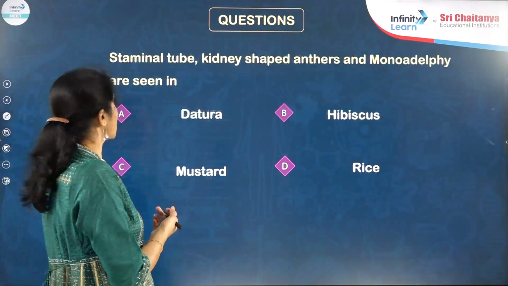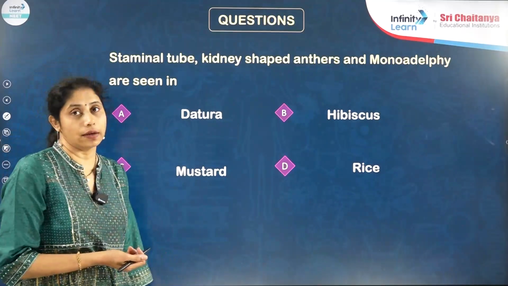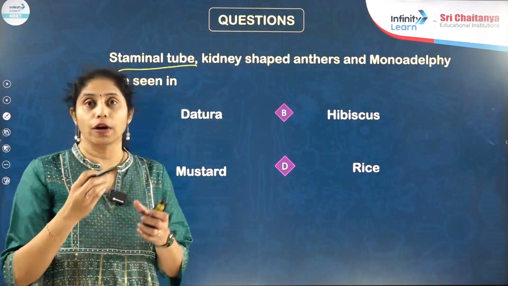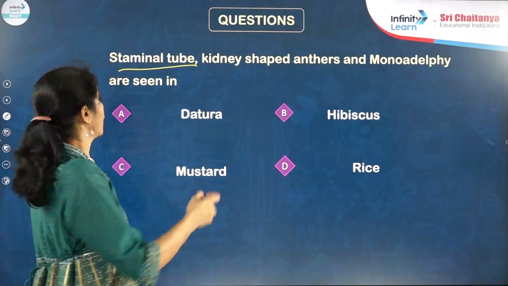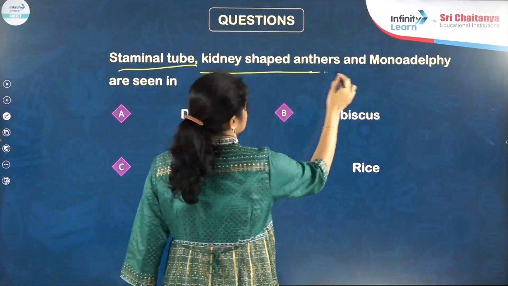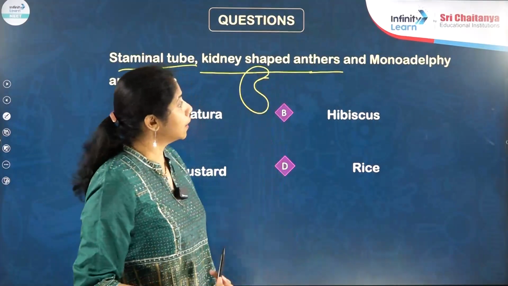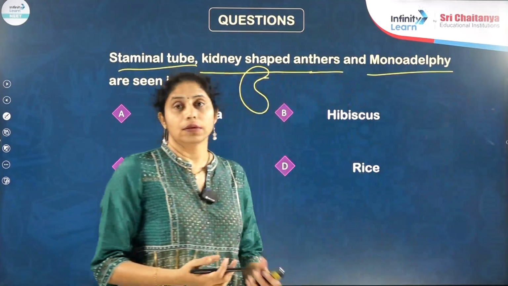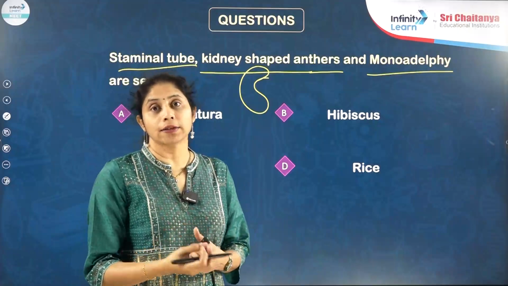Next one, staminal tube, kidney-shaped anthers and monoadelphous are seen in. Staminal tube means filaments are fused together to form one tube that passes through the style. Kidney-shaped anthers, the shape of the anthers will be like this. Monoadelphous, all the filaments are fused together to form only one bundle, but anthers are free.